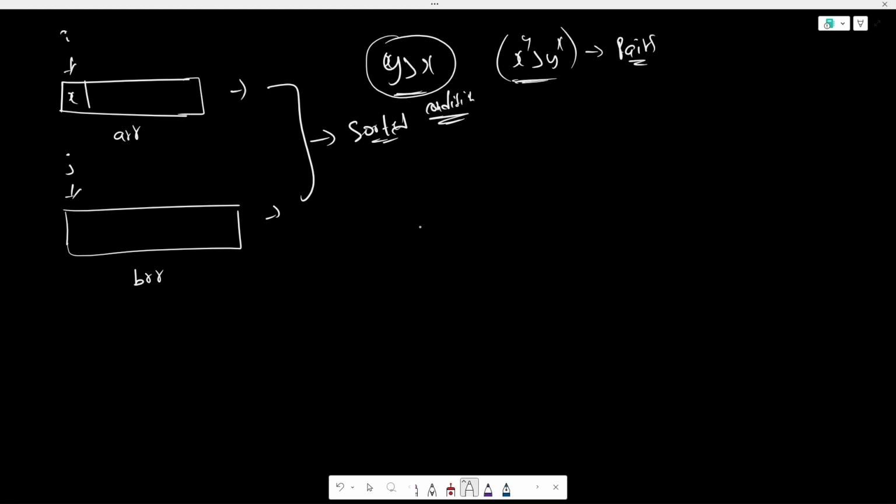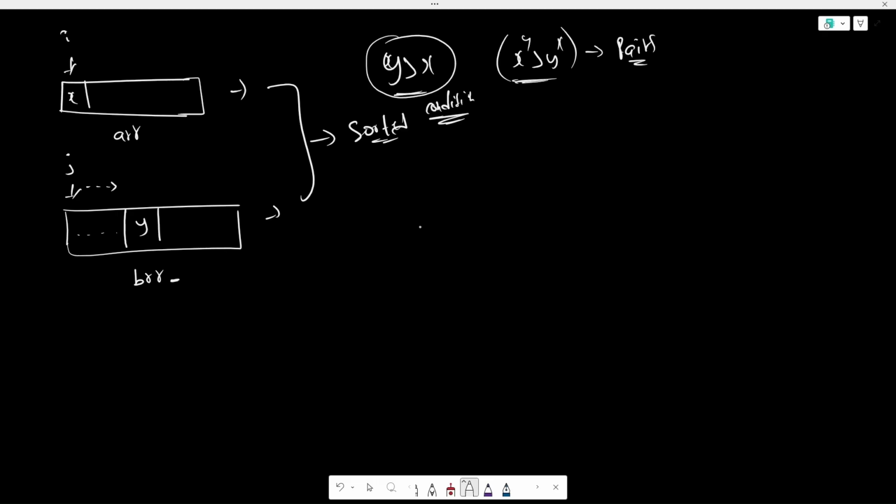So this BRR is sorted. That means it will go from small to big, small number to big number. So my j pointer will be traversing to the right side and it will find a y so that the y value is greater than the x value.